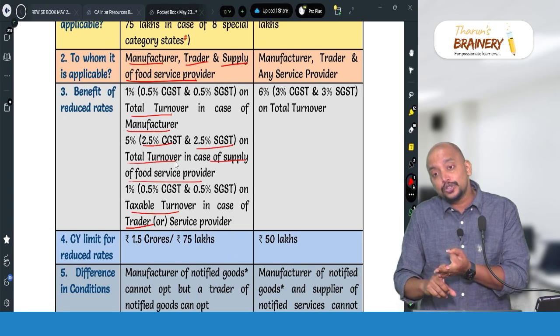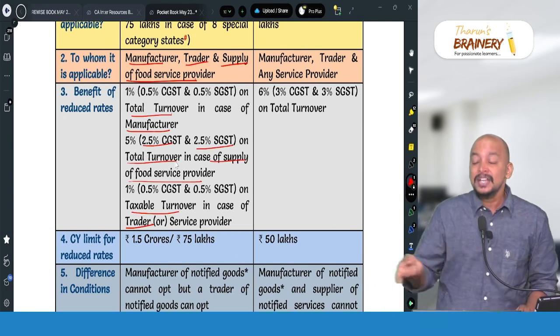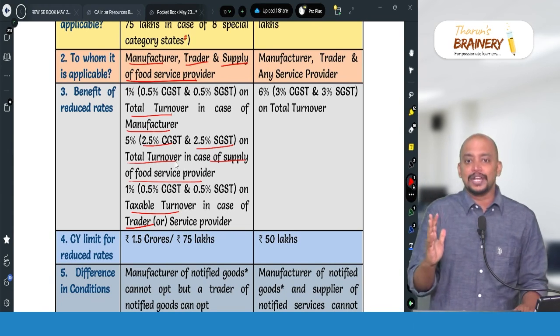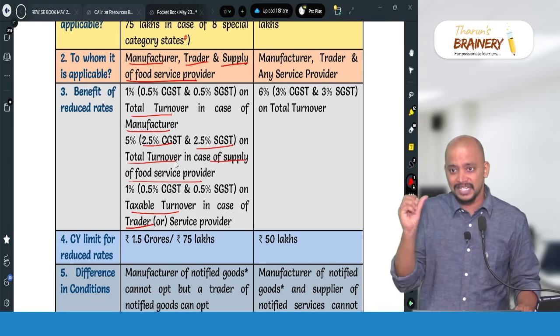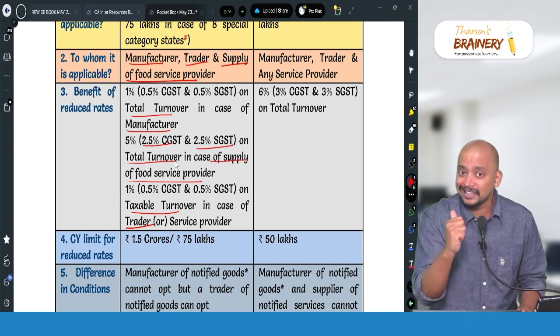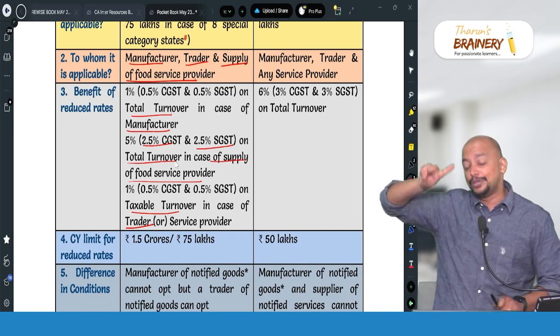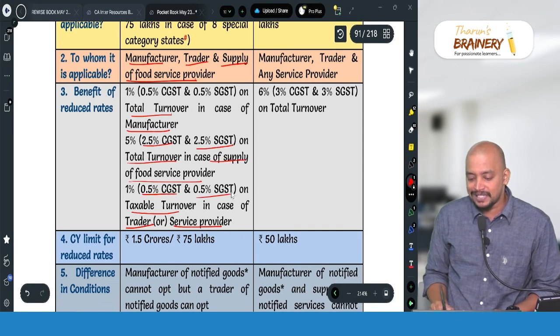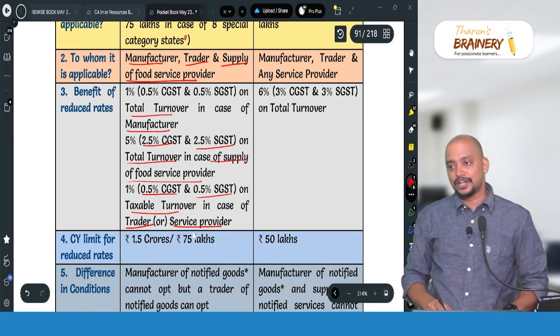But they can also render any other services. To what extent? Up to 10% of turnover during the previous year or 5 lakhs, whichever is higher. With respect to those services, what will be the rate? The rate applicable to a trader, that is 0.5% CGST, 0.5% SGST on taxable turnover.